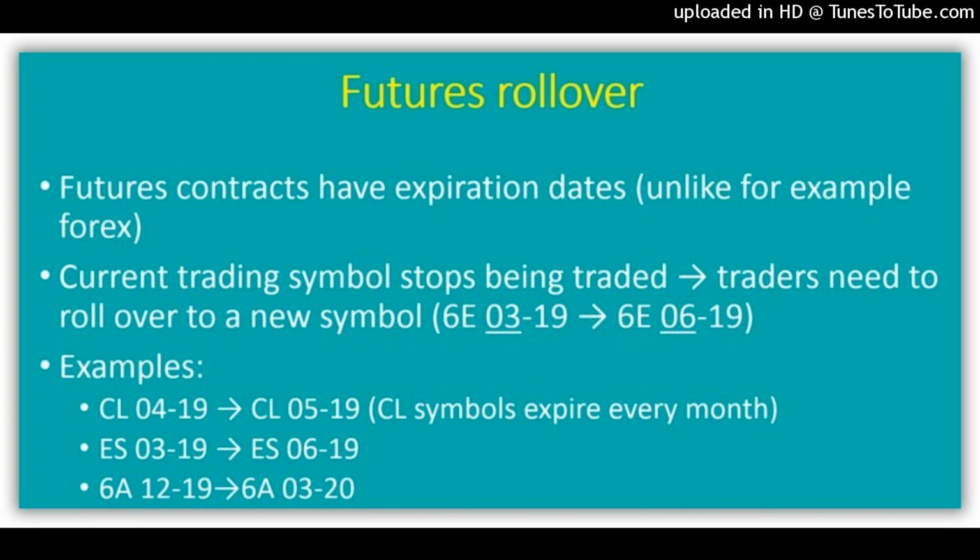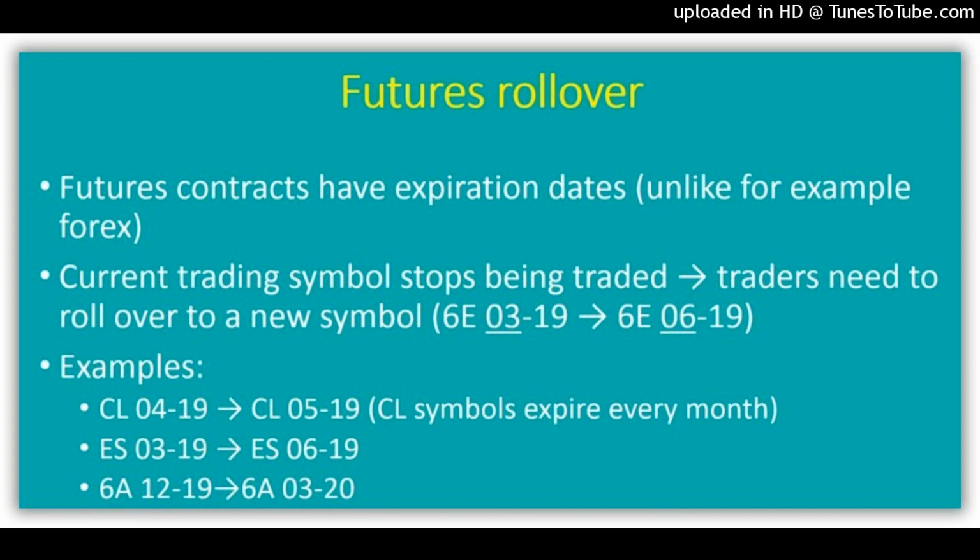Now, when you know all this, the only thing left is to show you how to do the rollover. The way to do it is you go to NinjaTrader Control Center, you go to Tools and Instrument Lists, then you select Futures and you edit the symbol. So let me now show you how to do that.